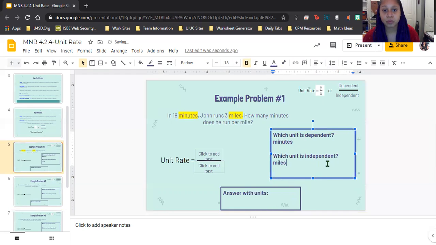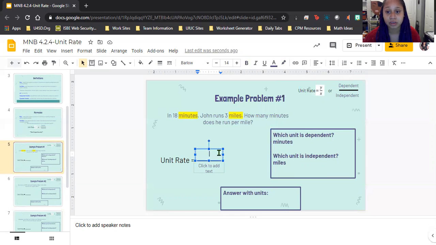When we go back into our formula, we're going to insert these values. Our dependent goes in the numerator and our independent goes in the denominator. Minutes was our dependent, so 18 minutes divided by 3 miles.